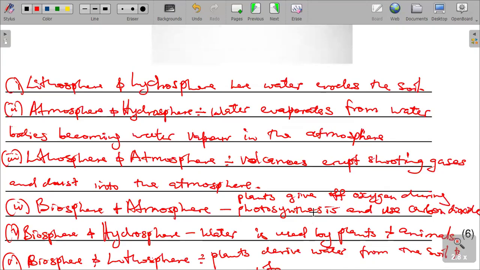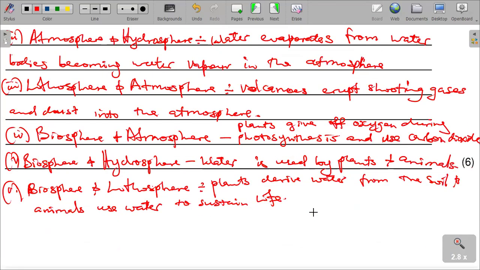Lithosphere and atmosphere: volcanoes erupt, shooting gases and dust into the atmosphere. Biosphere and atmosphere: plants give off oxygen and take in carbon dioxide during photosynthesis. Those are the various interactions as I've just explained them. So please take note.